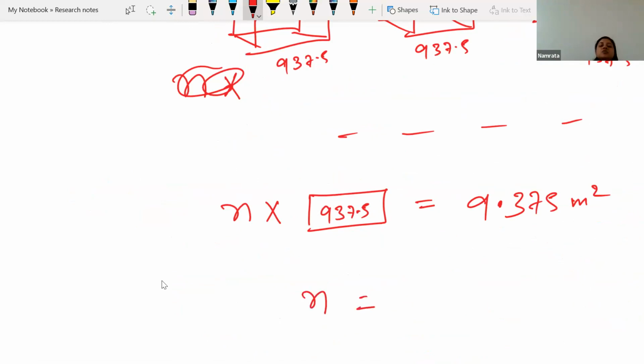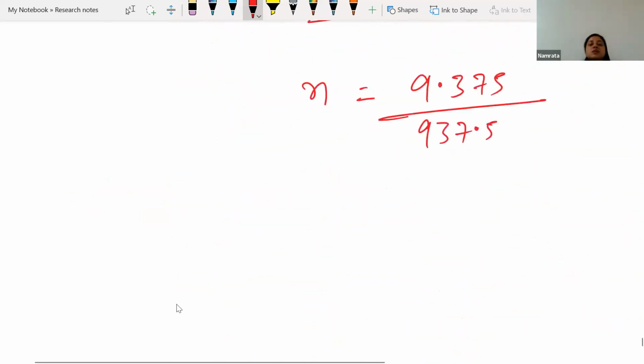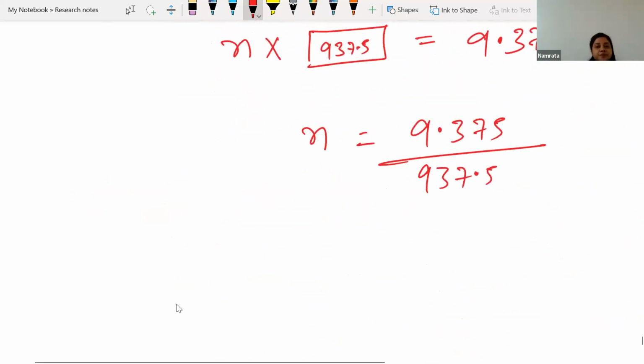From here, the n value we will be getting is 9.375 divided by 937.5. If you understand how to solve decimals, for the upper one, removing the decimal requires multiplication by 1000. For the denominator, it requires multiplication by 10.